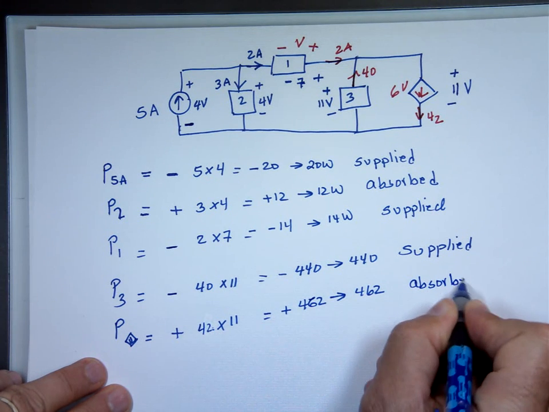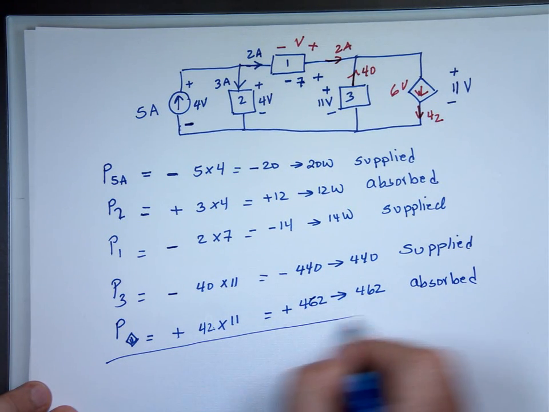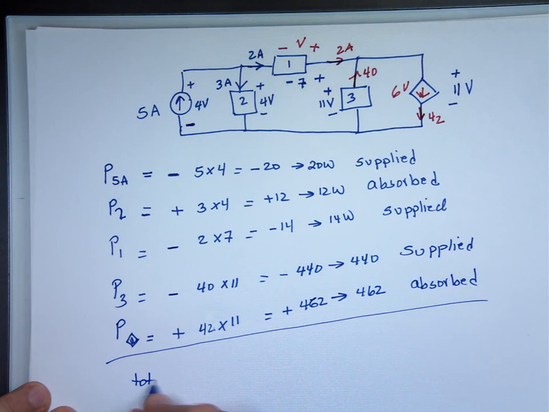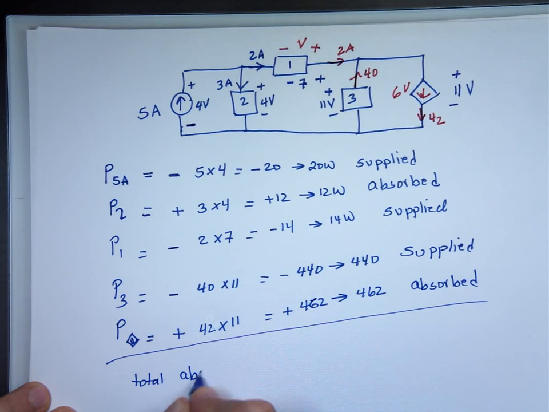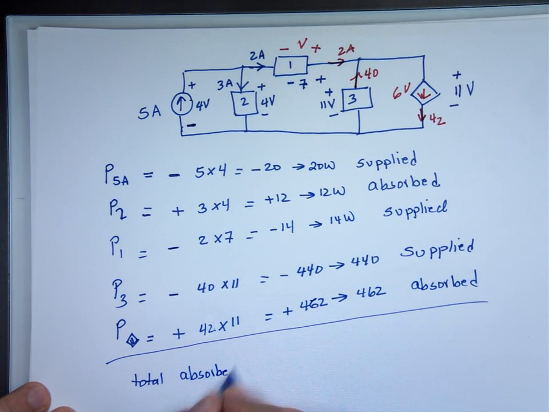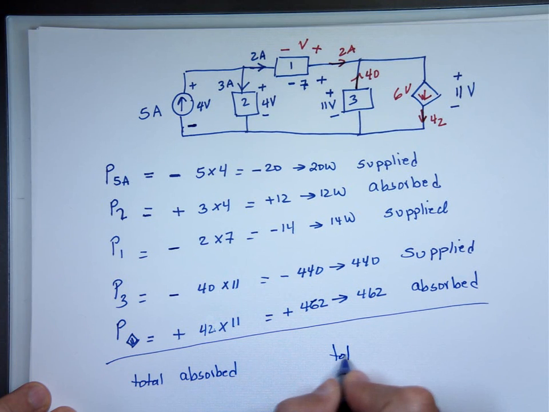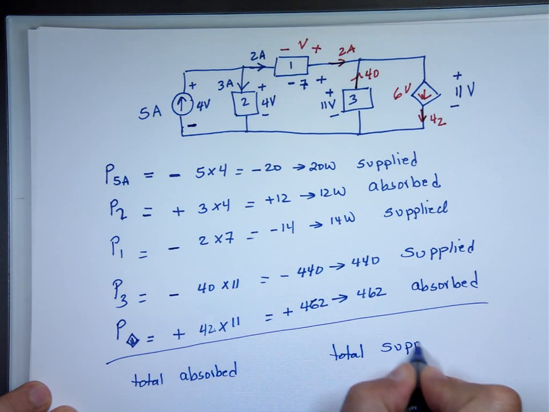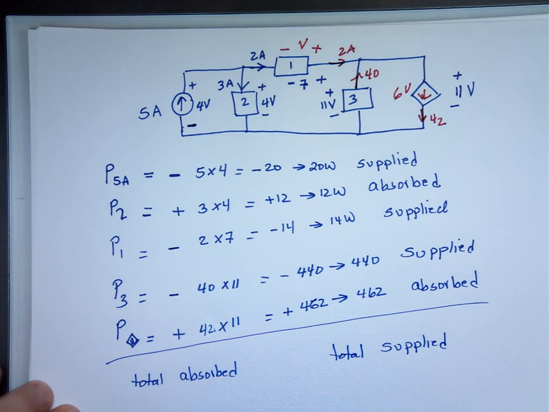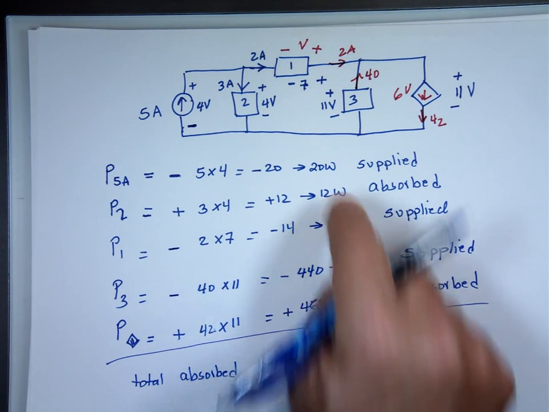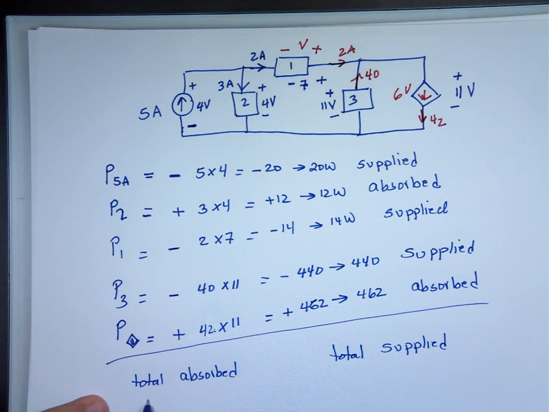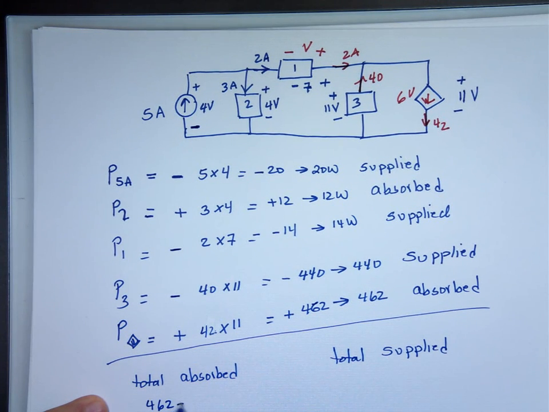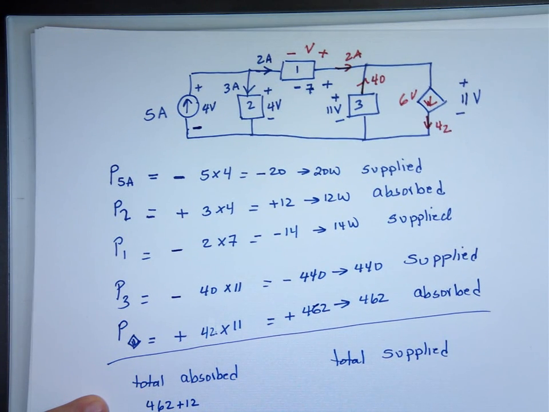Let's see the total now. Total absorbed and total supplied. If I made the problem correctly, that should be the same number. What do we have as the total absorbed? 462 plus 12, which is 474.